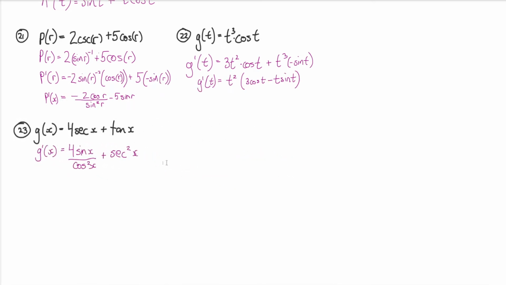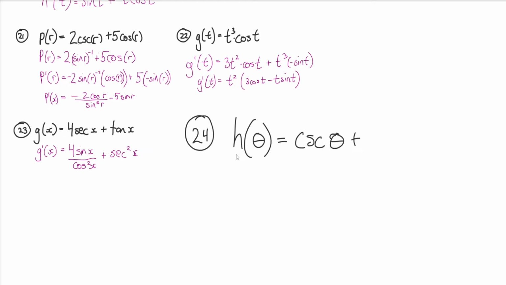We will have some that have trig combined with others, so let's do some of those. So H, oh no, I didn't draw it in black. Okay, that's okay. 24. H of theta is cosecant theta plus e to the theta cotan of theta.